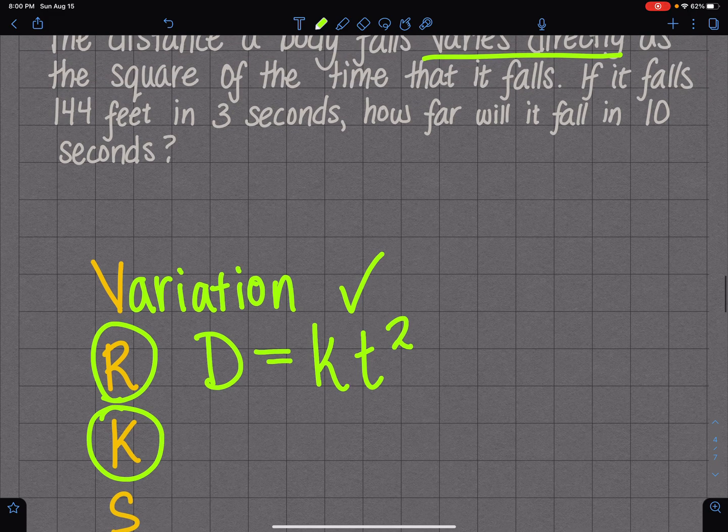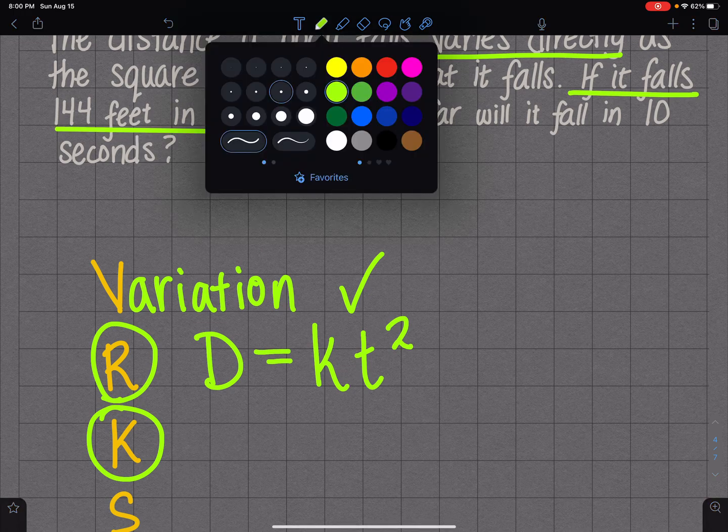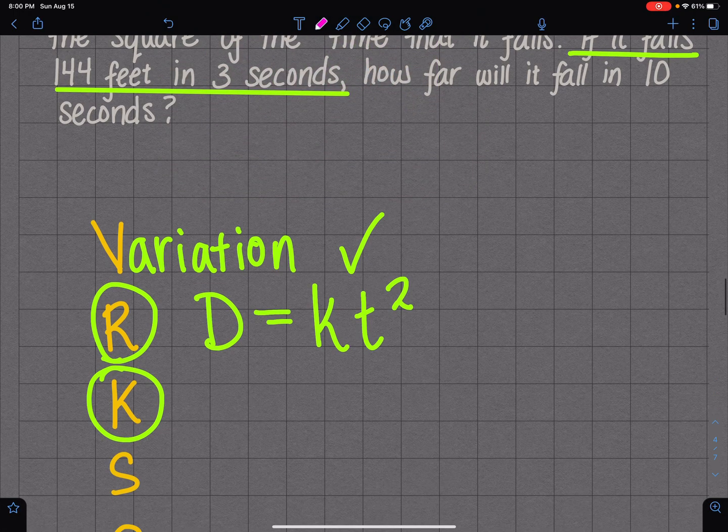So they give you an example to help you to solve for K. And the example is, if it falls 144 feet in 3 seconds. Okay, so we're going to plug those in and then solve for K. So let's plug in. Distance is going to be 144 feet is equal to K times T, which is 3 seconds squared.